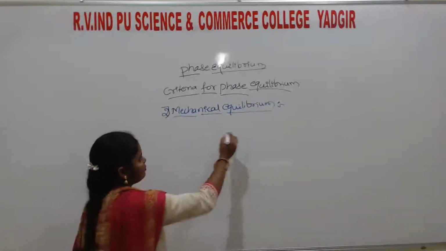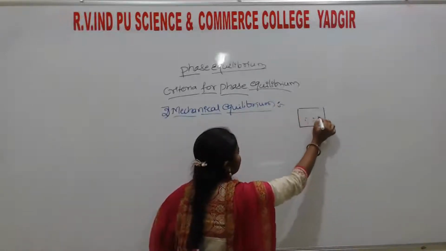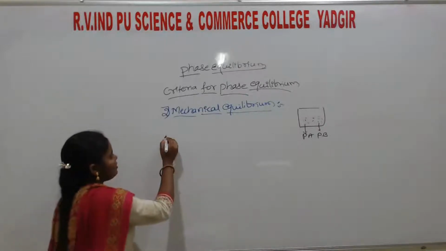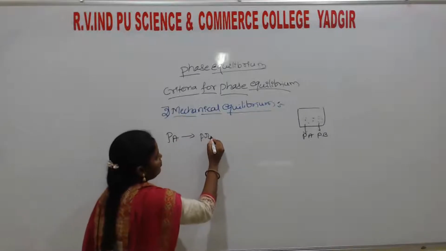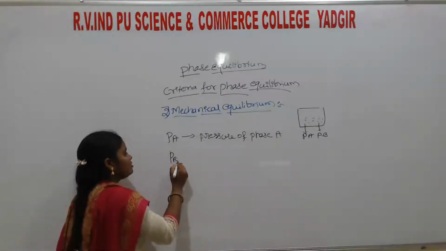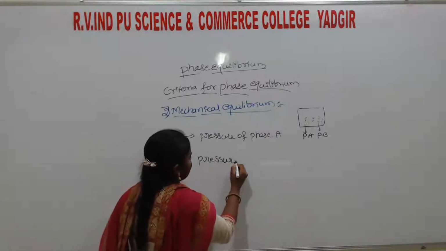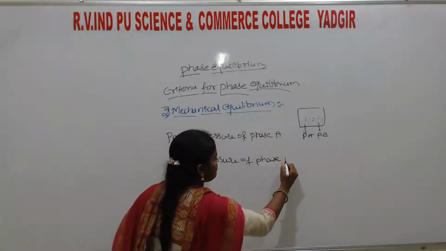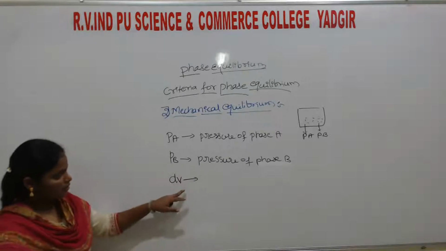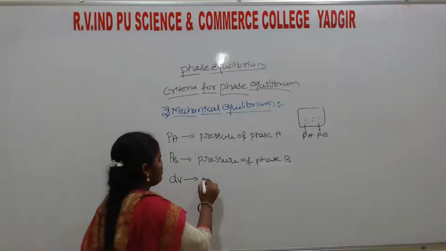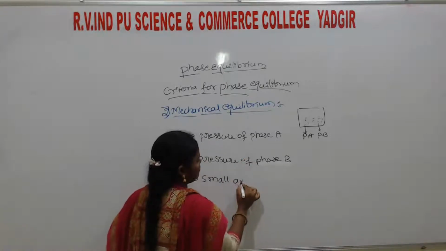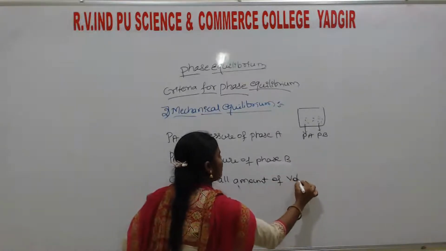PA is the pressure of phase A and PB is the pressure of phase B. Here I take a change in volume dV, which is a small amount of work, where V is the volume.